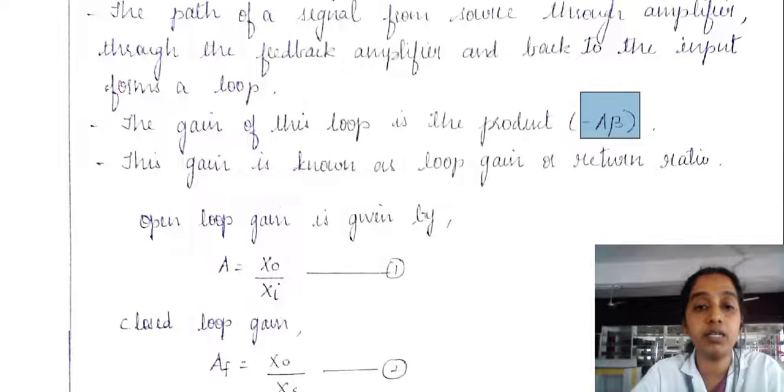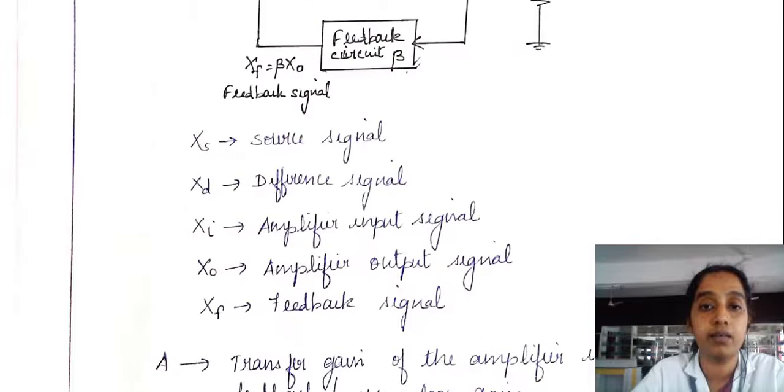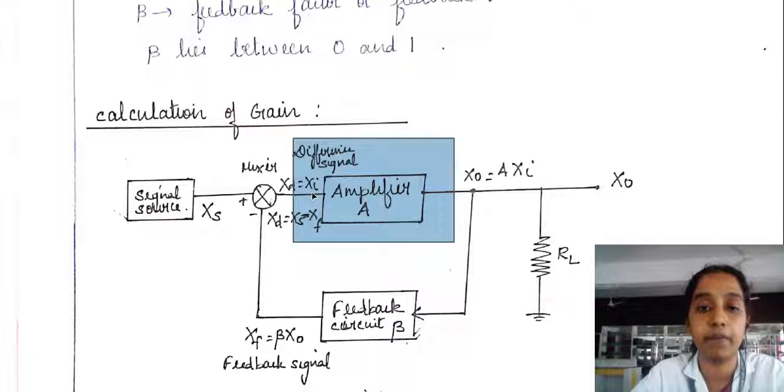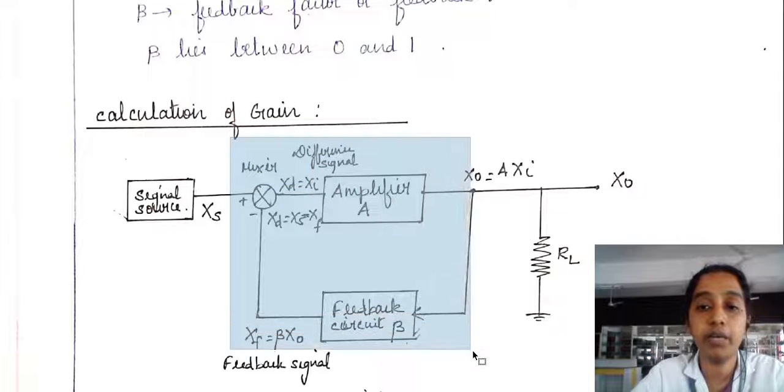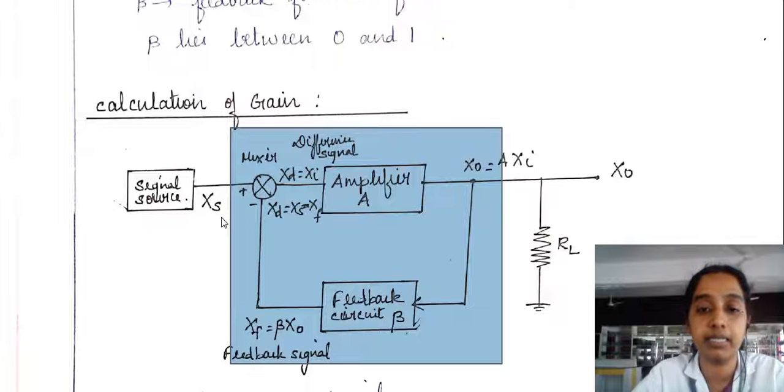So now consider open loop gain A without using feedback, X naught by Xi. Without using a feedback, my output is X naught, input is Xi. By using a feedback, what is my output? Output is X naught, input is Xs.